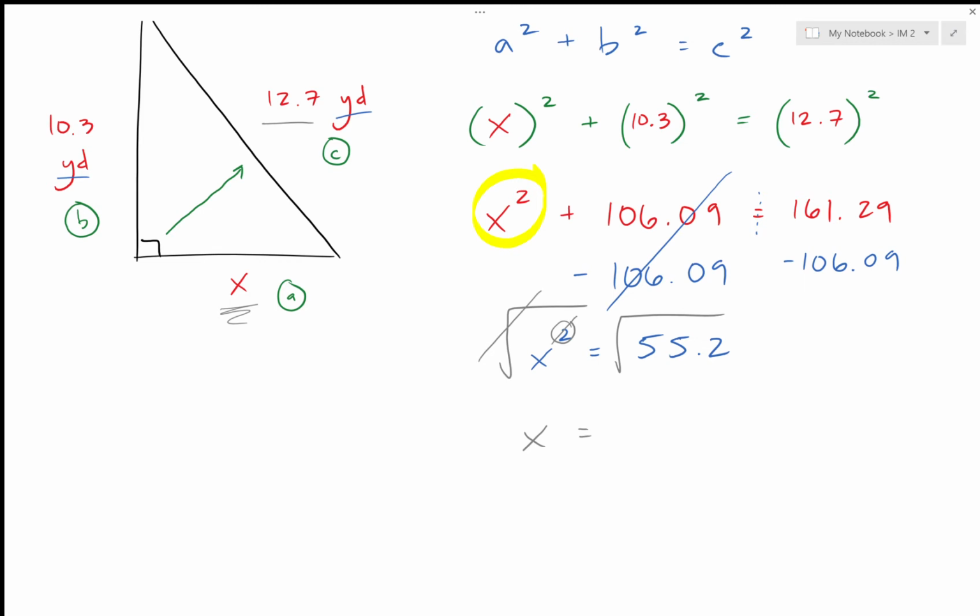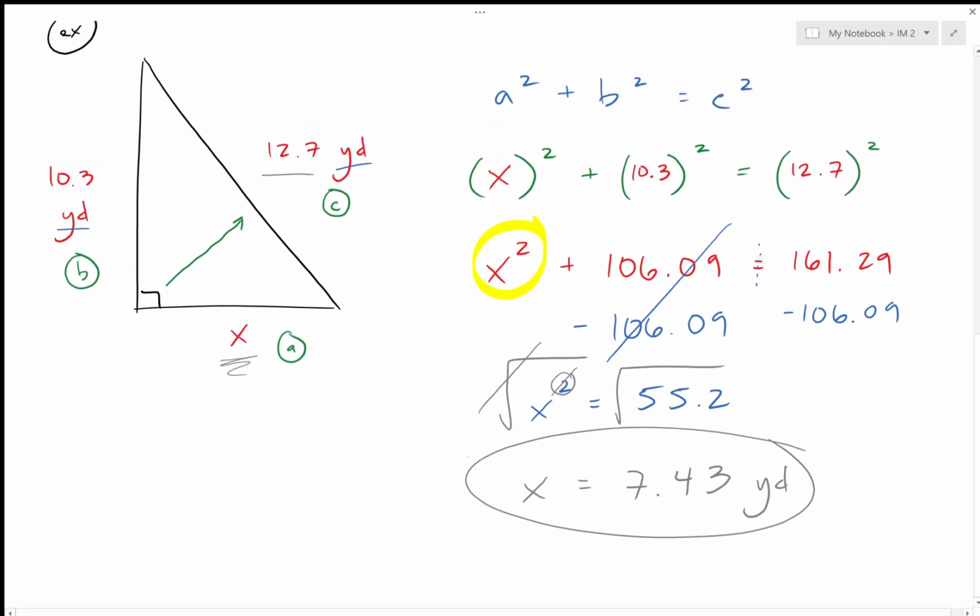So 55.2, and finding the square root of that, I've got 7.429 on the calculator, so we're going to round that to 7.43. And we can't forget, yards are the units of measure.